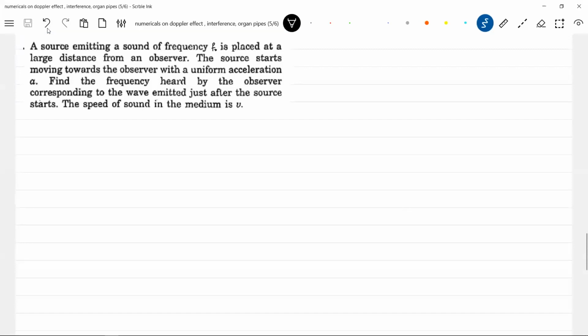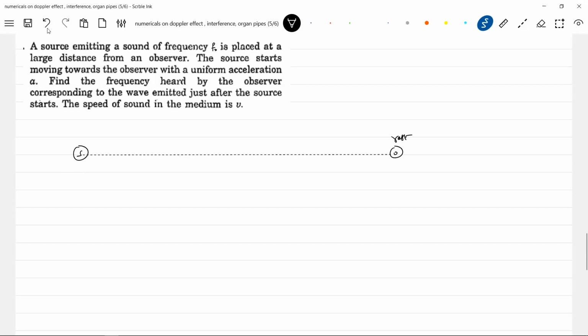Okay, read it carefully. Something I should allow students to really think about. A source emitting a sound of frequency f naught is placed at a large distance from the observer. What is the state of the observer?